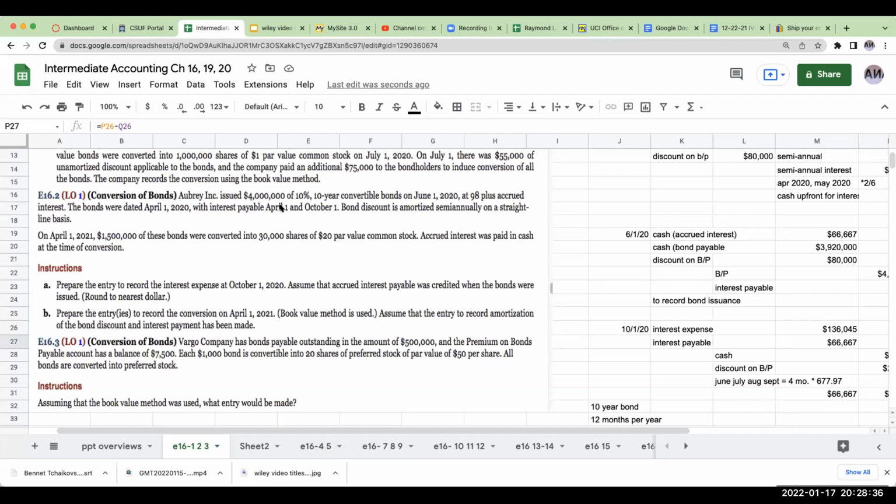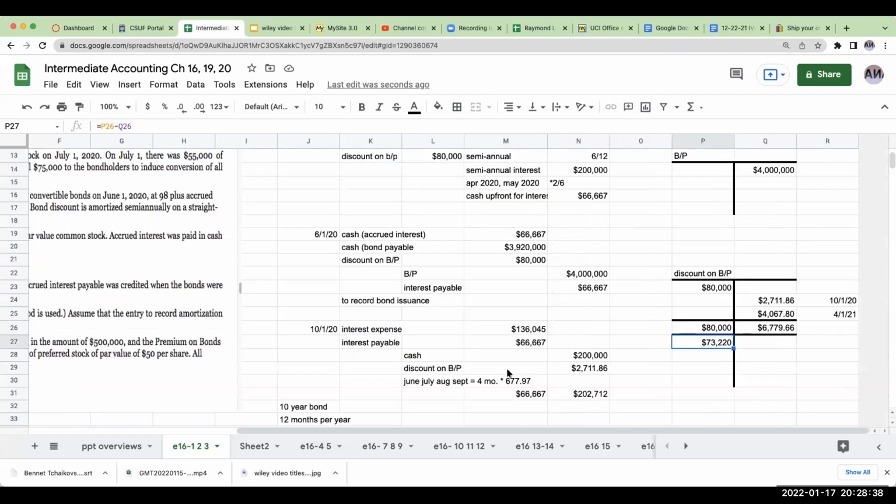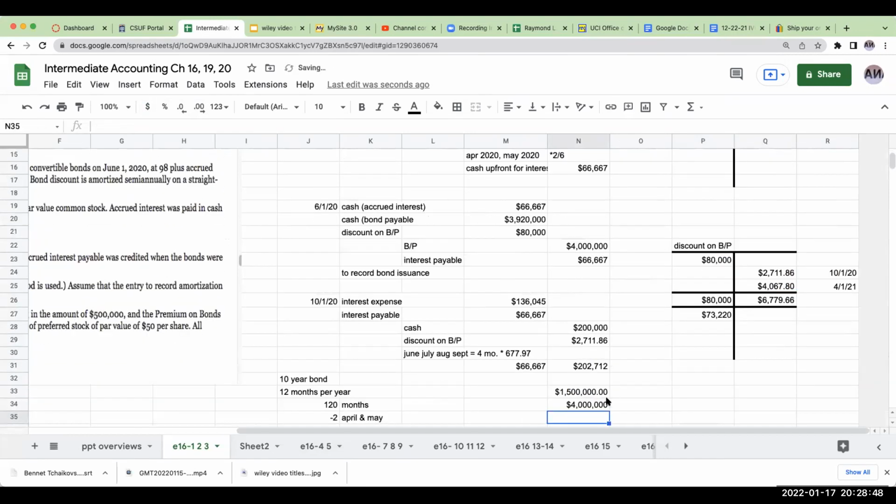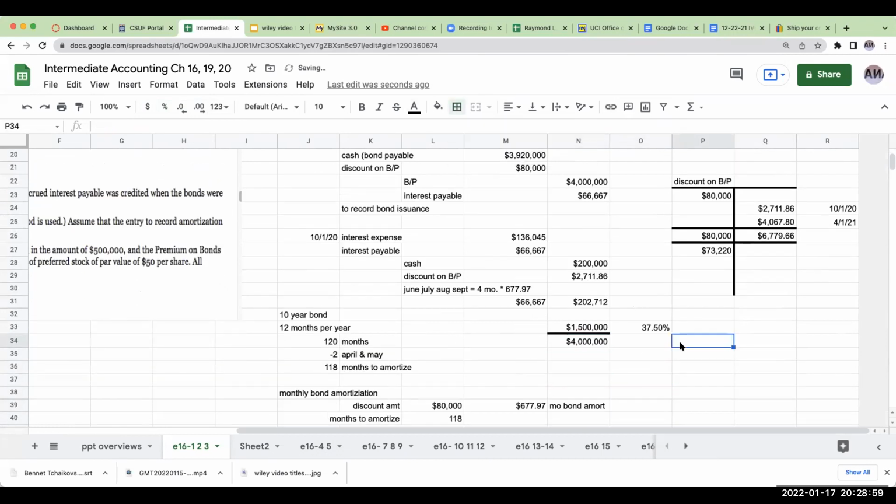So now I'm converting what percentage of my bonds? Well, if I'm converting 1.5 million and my total face value of my bonds are 4 million, the percentage that this represents is roughly about 37.5%. So when I'm going to go through and I'm converting these bonds, what I have to do is I have to take off my books the cost or the amount of the discount that it relates to these bonds.